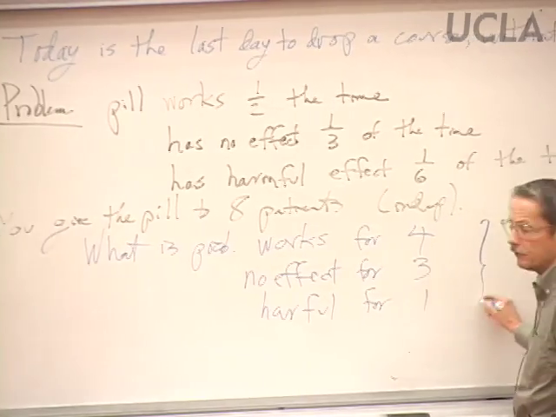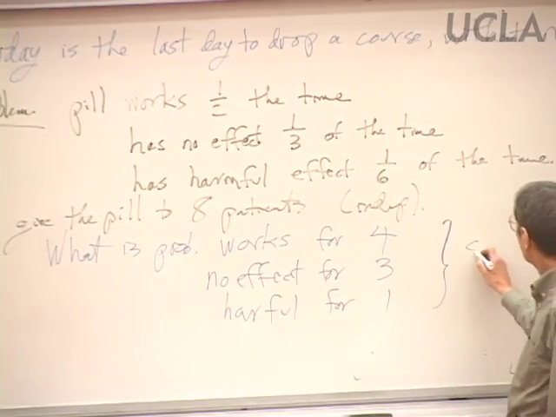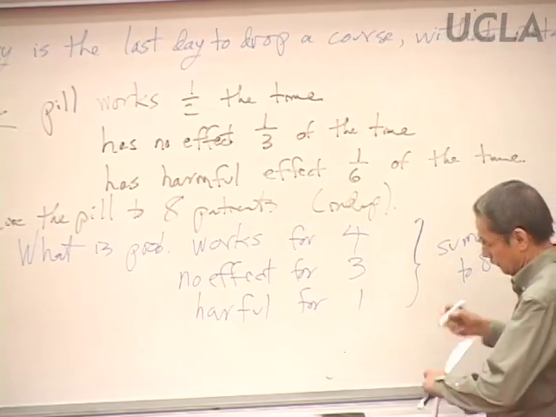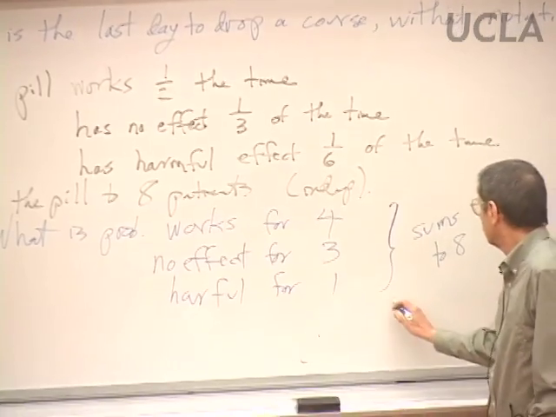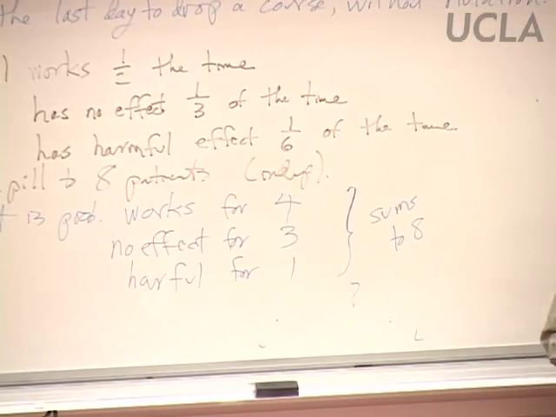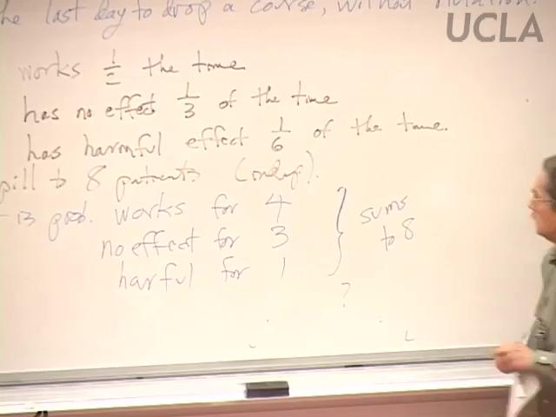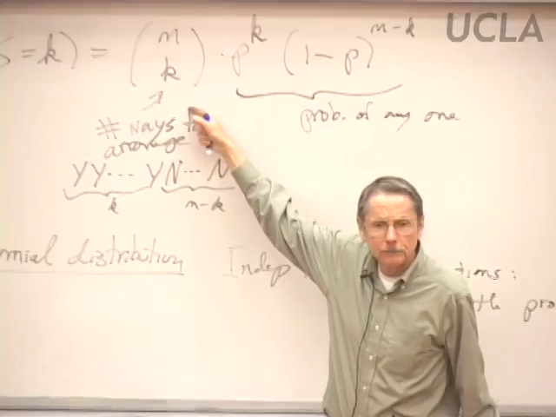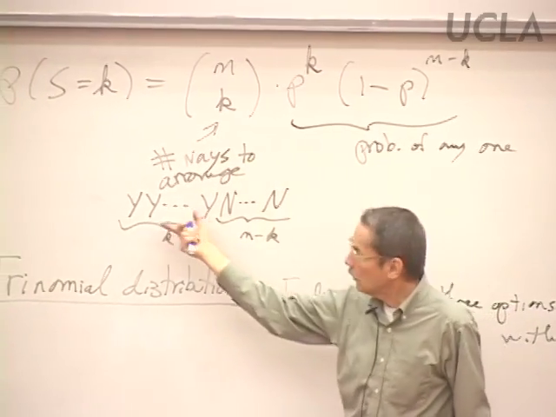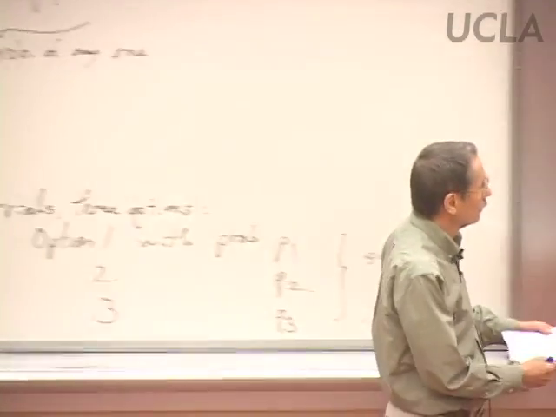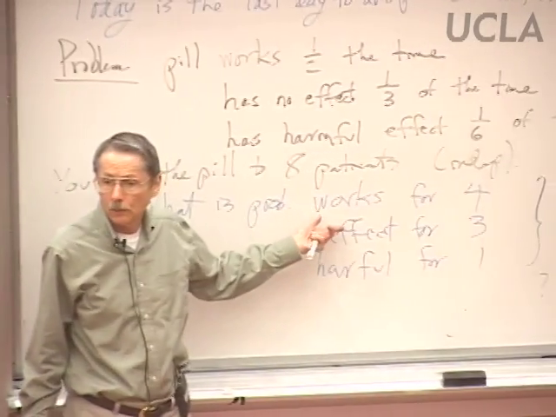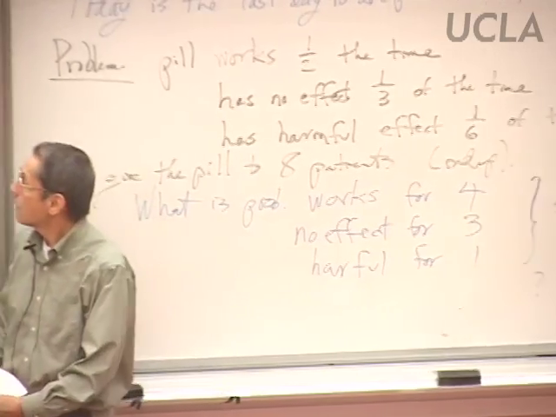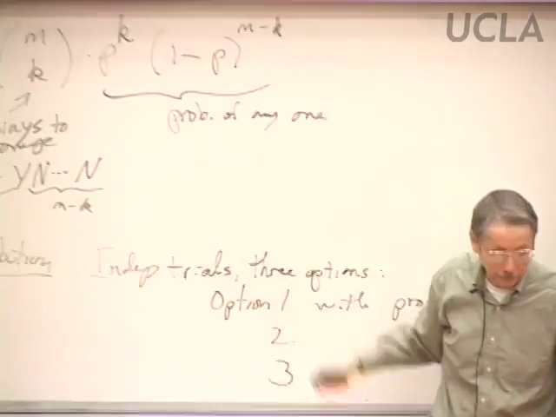Of course, these numbers have to add up to 8. Well, let's work this problem the same way we did for binomial. How many outcomes are there? 4 of this kind, 3 of this kind, 1 of this kind. And what's the probability of each one?